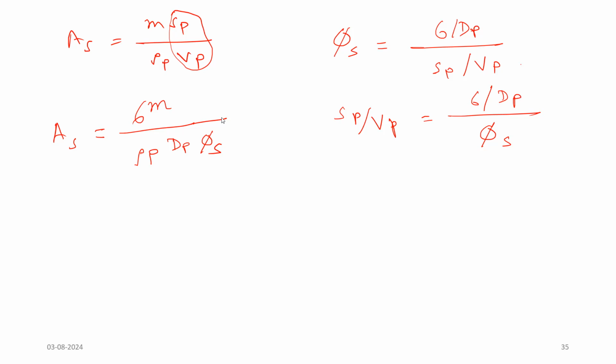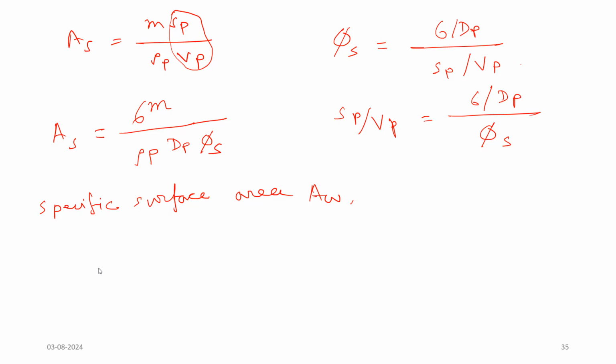Now let us calculate the specific surface area. Suppose it is Aw. How do we calculate the specific surface area? We have to divide the surface area by the total mass.